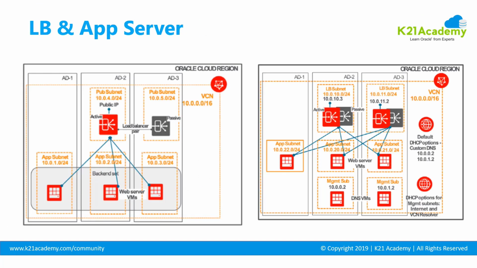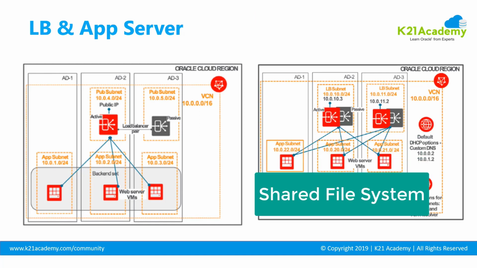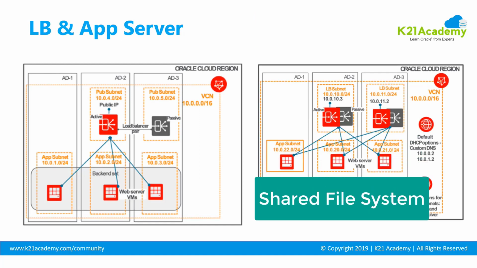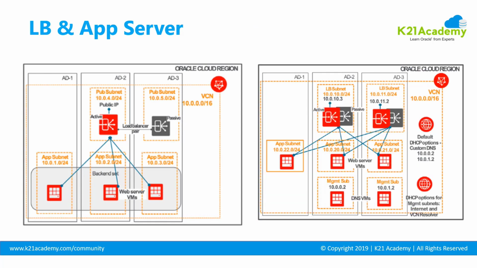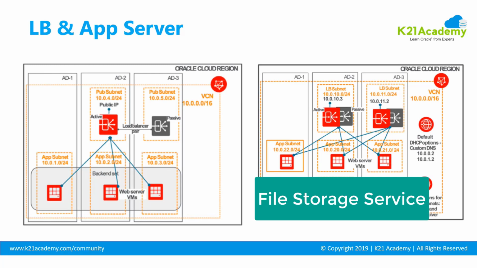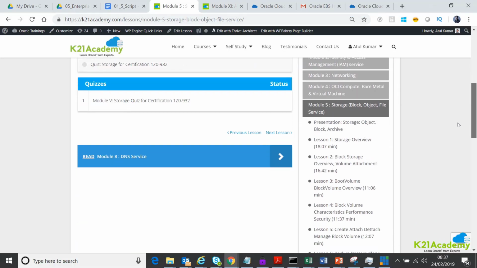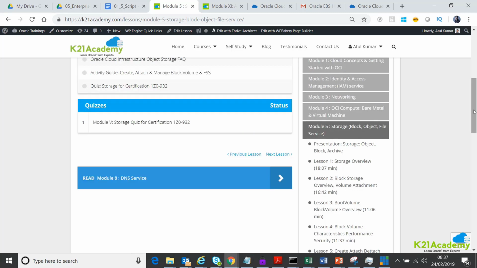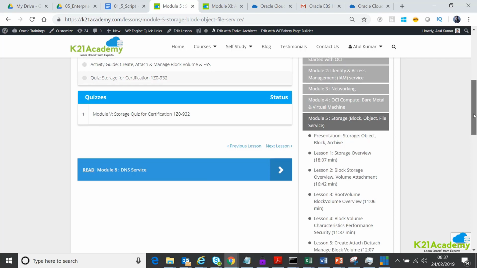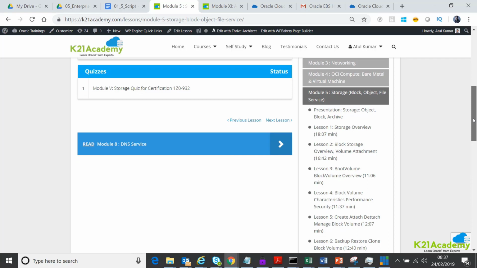Now, some application servers need a shared file system, so both the nodes can write to the same file system. And this is where another service from OCI comes into the picture, that's the File Storage service. Now, there are different types of storage services within OCI. I cover this in my training program for the Oracle Cloud Architect 1Z0-932 certification, where we have a dedicated module on storage services.